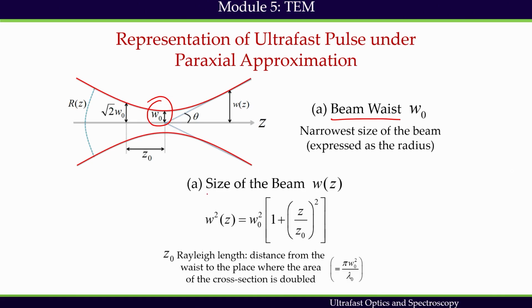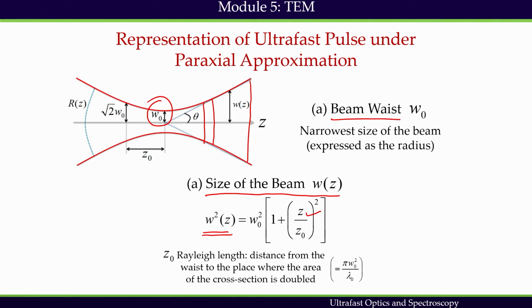Then we look at another parameter, size of the beam. Size of the beam is changing as we move along the z direction. So, it is expressed as a function of z with the help of this expression.